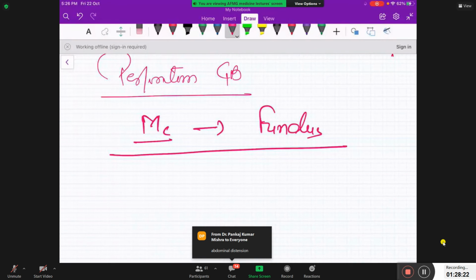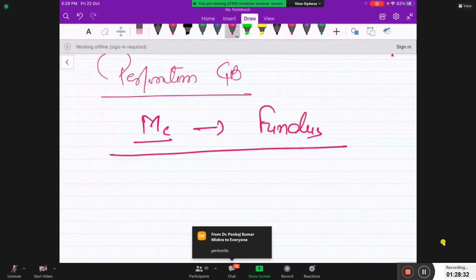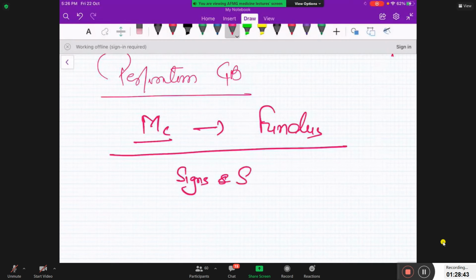बाइल अगर गॉलब्लैडर परफोरेट हो जाएगा तो पेरिटोनियल कैविटी में क्या आ जाएगा, और बाइल आ जाएगा पेरिटोनियल कैविटी में तो क्या हो जाएगा? इन्फ्लेमेशन ऑफ व्हाट? Patient will present to us with signs, symptoms of peritonitis.